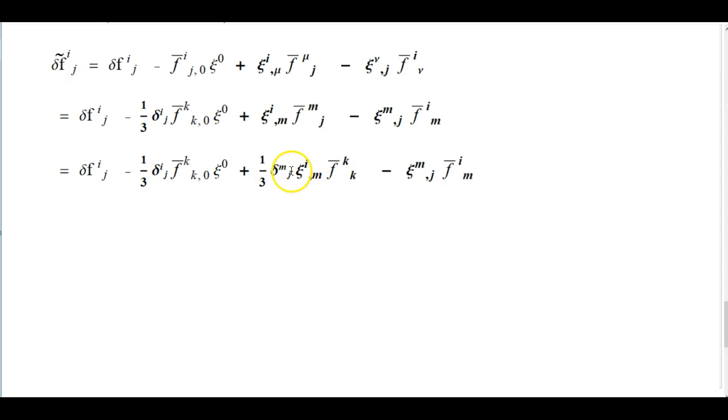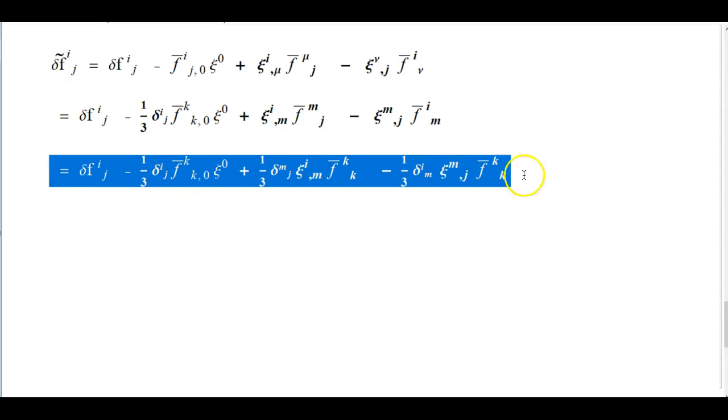Good. So next, this also we can write like this: 1 by 3 delta im f bar kk. Good job.